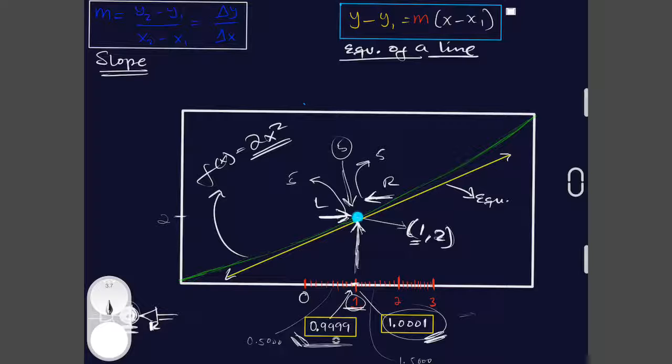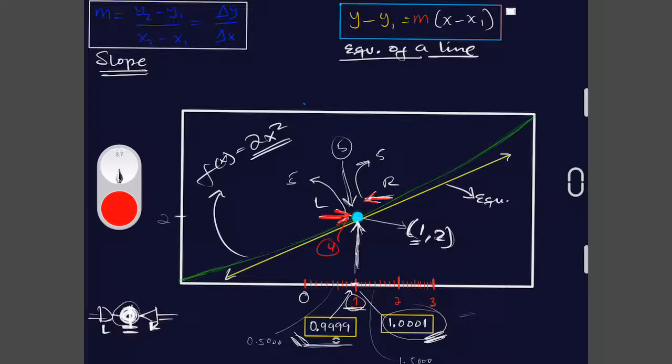So we did the left side, and we see as we approach it from the left, at 0.9999, the slope is 4. But we must also approach it from the right in order for us to squeeze it between those two values, both left and right.